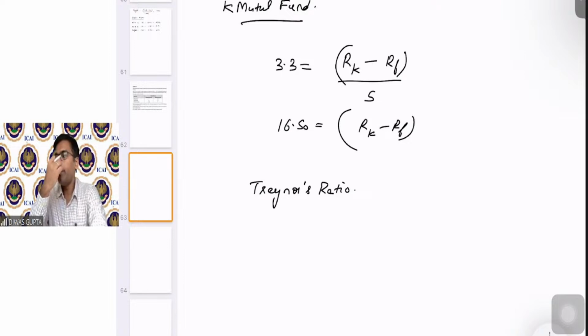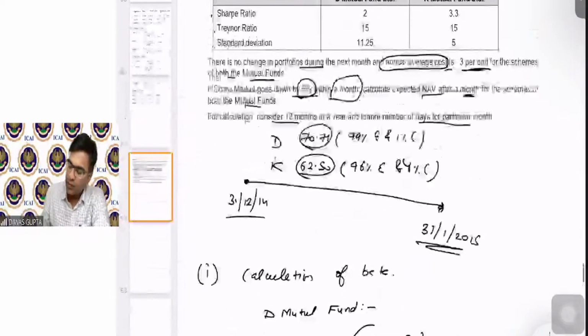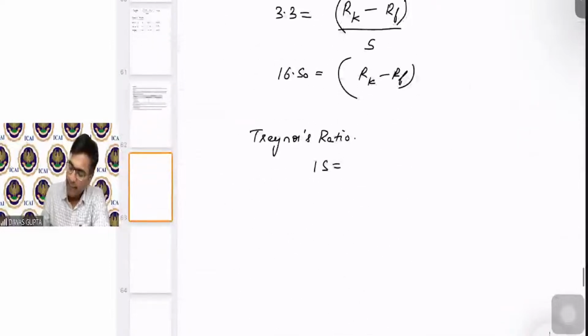Treynor's ratio will be 15, which is equal to, what is the Treynor ratio of K? 15, right? 15 is equal to RK minus RF divided by beta.